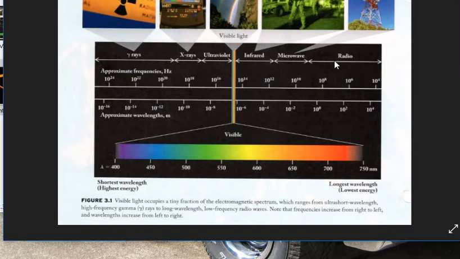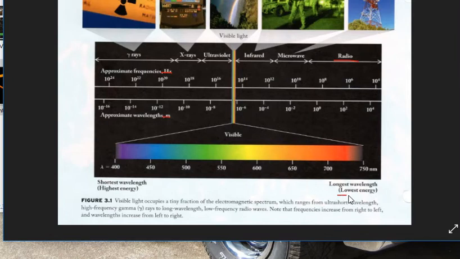Over here with radio waves, the frequency is 10 to the fourth, so that's 10,000 hertz. So 10,000 times per second is what the cycle is. The wavelength is also 10 to the fourth meters. So wavelength is about 10,000 meters long, frequency is 10,000 hertz.